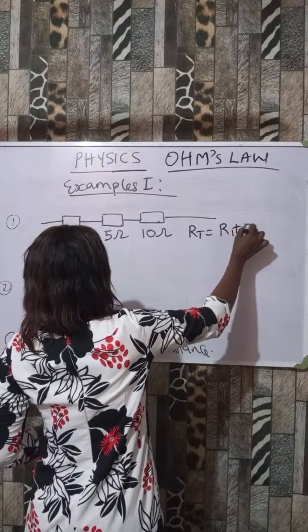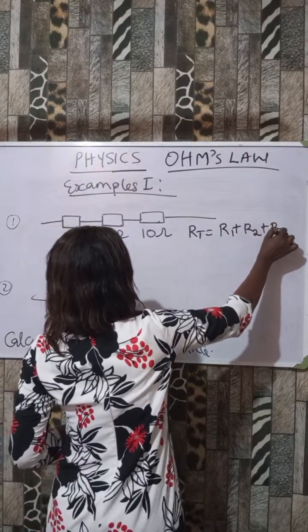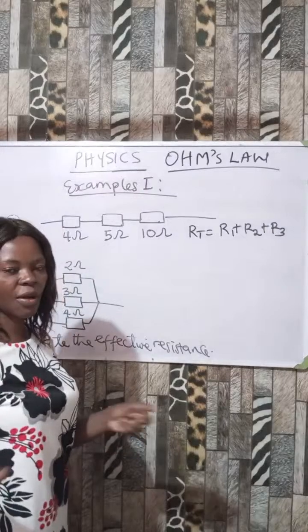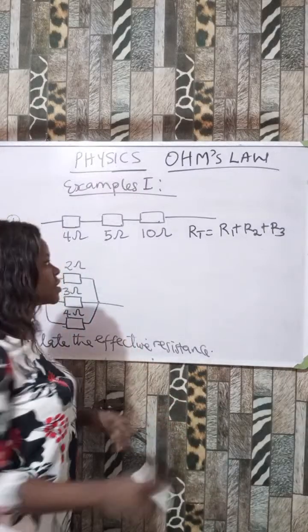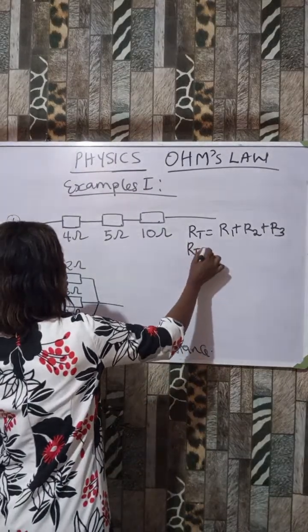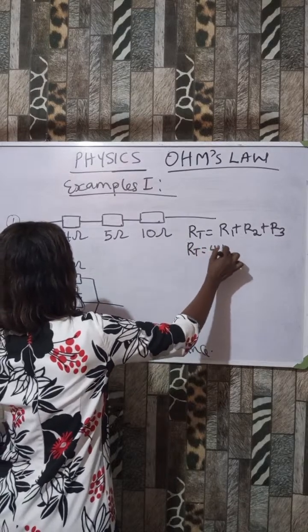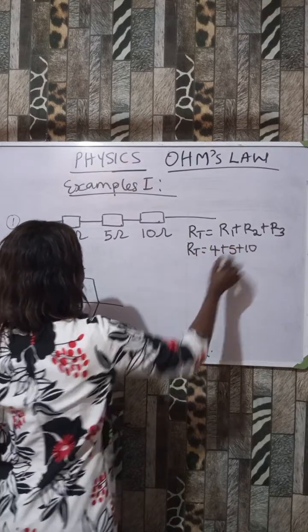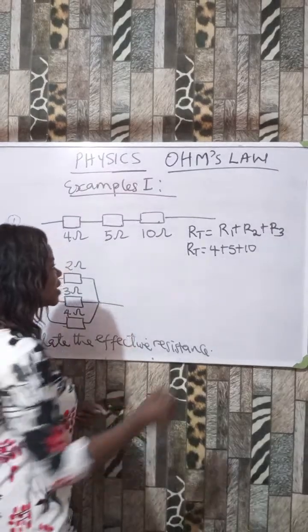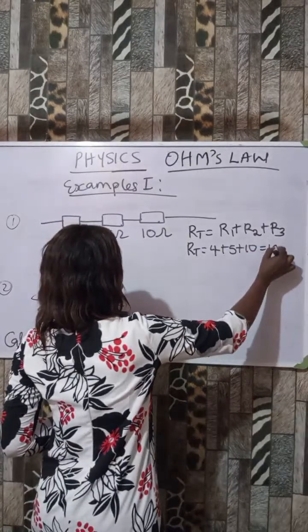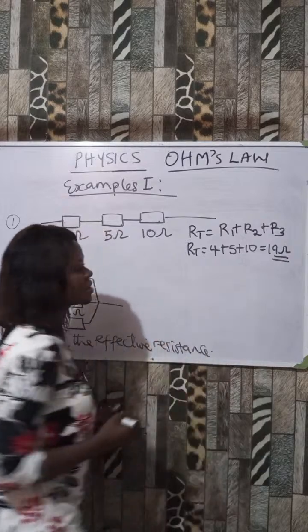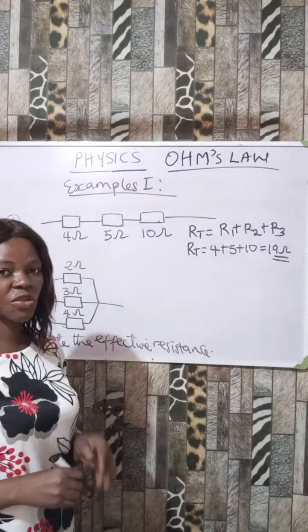R1 plus R2 plus R3, because they are connected in what? In series. So we are going to say R total is equal to 4 plus 5 plus 10, right? By the time you add them together, it's going to give us what? 19 ohms. Do we understand? This is just for series connection.